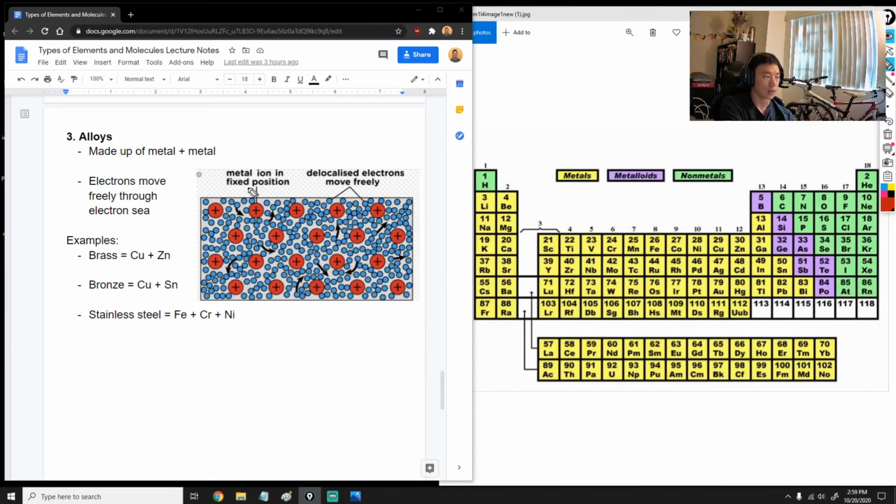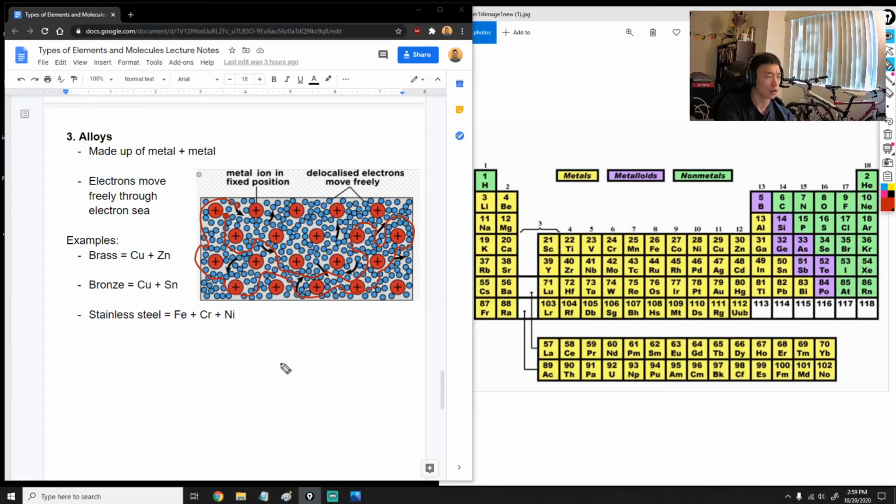Basically the metals are kind of just stuck in one place, but the electrons just move around. So if I'm this electron, I'm not stuck to one atom. I can just kind of move around all of the metals. That's basically what happens in alloys. In alloys, the electrons can move around freely.